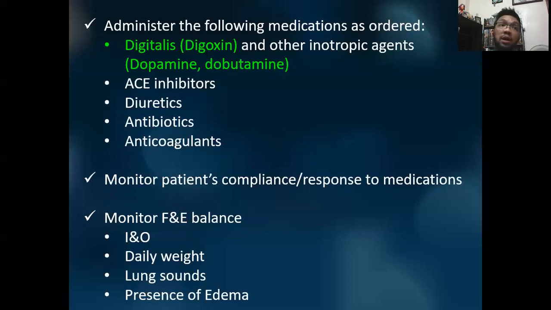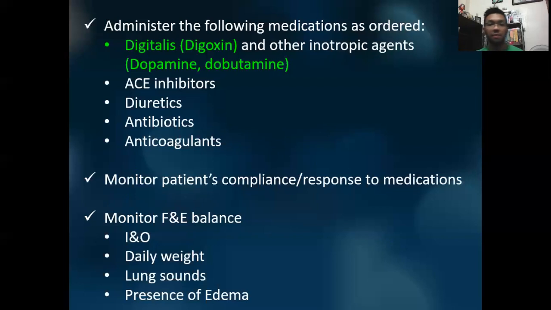But we need to monitor always these two laboratory values, the PT and PTT. I repeat, heparin, PTT is monitored, while for Coumadin, it is PT that is monitored. Do not interchange the two. Always remember the rule of tens when it comes to the monitoring of heparin and PTT, Coumadin and PT.